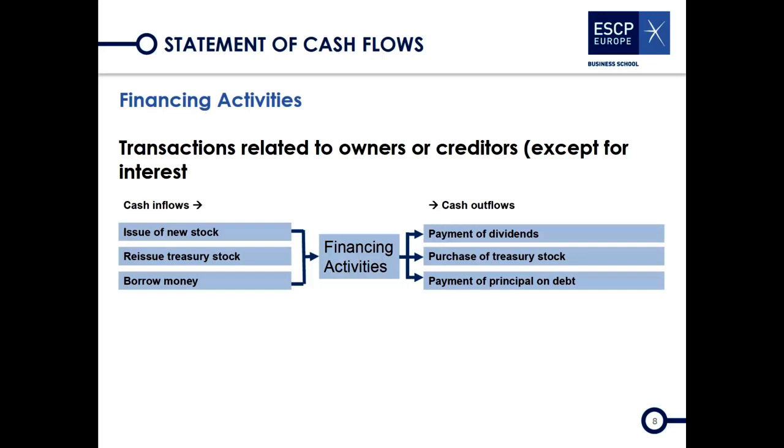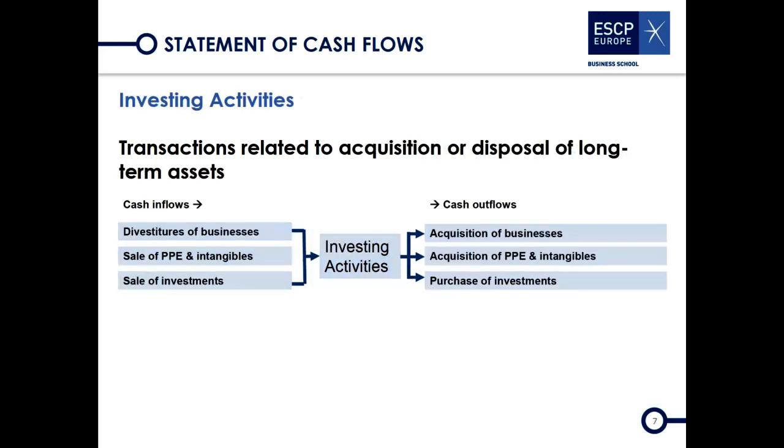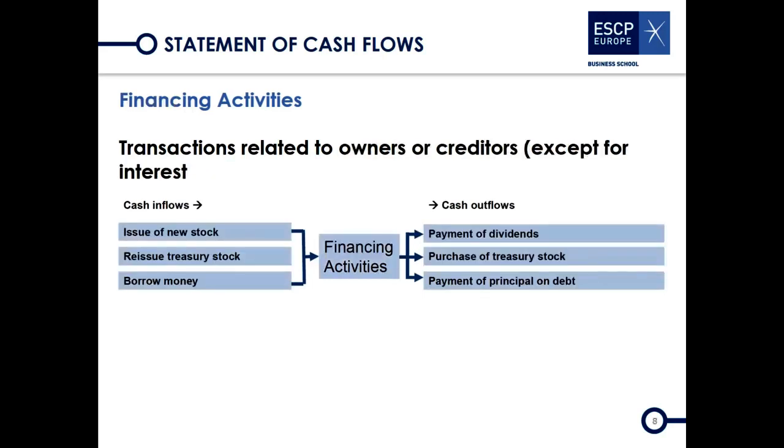Yes? What is the difference between issuing stocks and selling stocks? What do you mean by selling stock? Before, on the slide, in cash inflow, there was... Oh, sale of investments? Yeah, so this could be shares from another company that we have acquired, and now we sell them to somebody else. And this is our own shares. The new stock is our own shares. So here we're giving our ownership to somebody else.